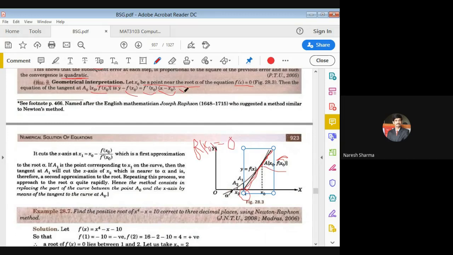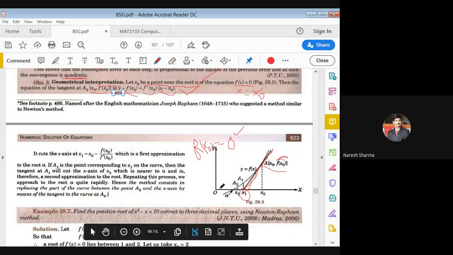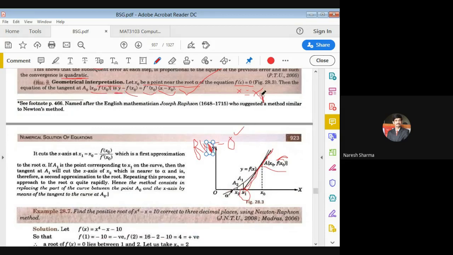So in this equation of the tangent line, this y becomes 0. Since it cuts the x-axis, we assume it cuts at x1. Sorry, I needed to write x1 here. So we put x is equal to x1, not x naught.